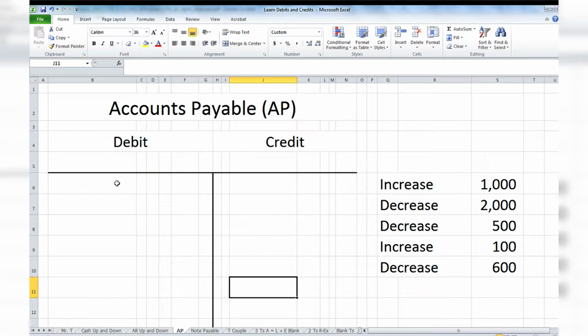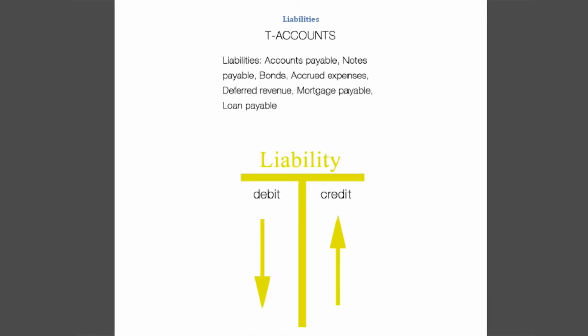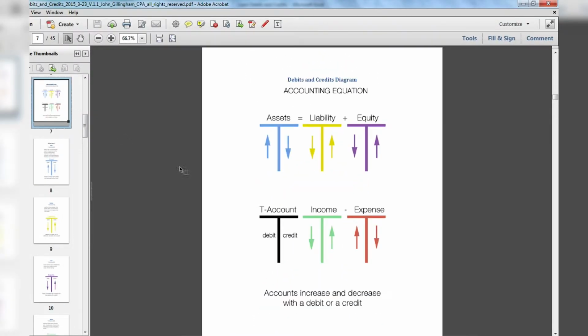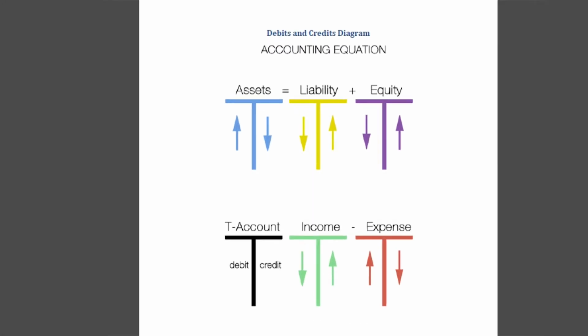Now, accounts payable, one of the most common accounts. On the right here I have my increases and decreases. This is a T account. For those that don't know, in T accounts, debits are on the left, credits on the right.